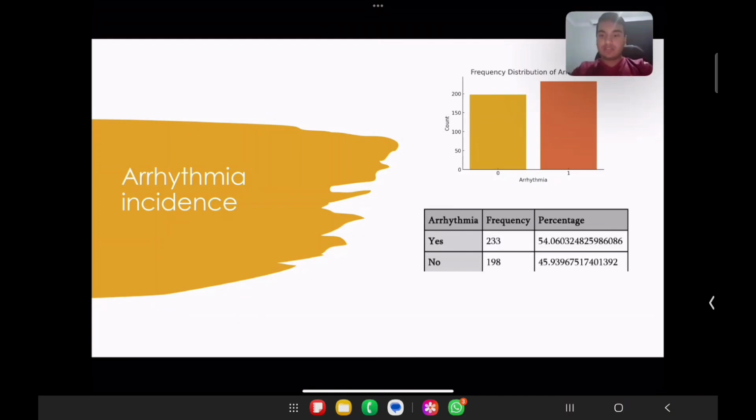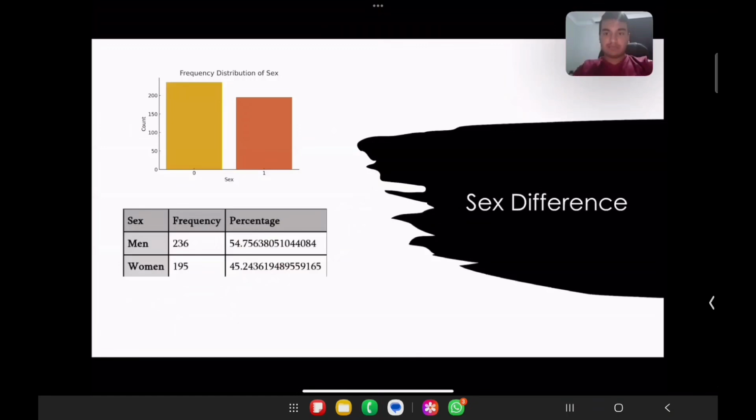As you can see, under the table, we can see 233 patients have arrhythmia and 198 patients have no arrhythmia, and nearly 431 patients we have, and you can see the percentage also and the frequency distribution graphic from this slide.